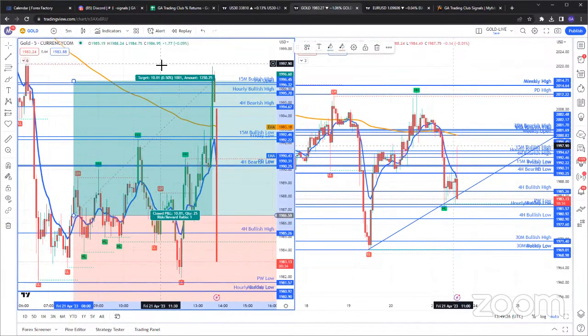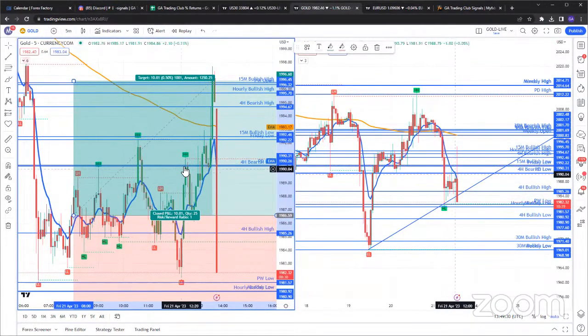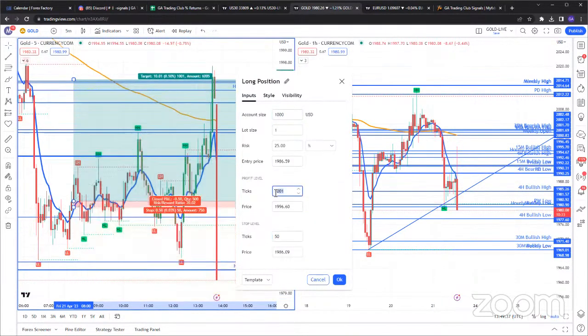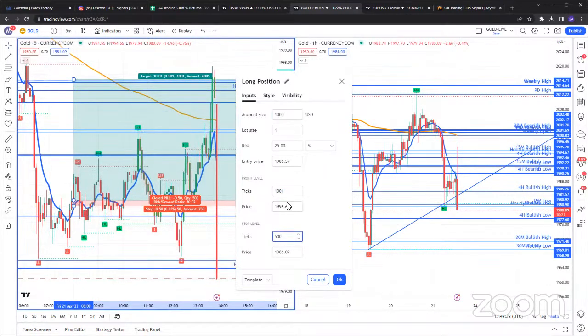Again, full take profit. Now for this one, if I was 50% in profit, yes, I would set break even. But if it was a signal, and I just entered with 50 pips TP, 50 pips stop loss, I would just let whatever happens happen.